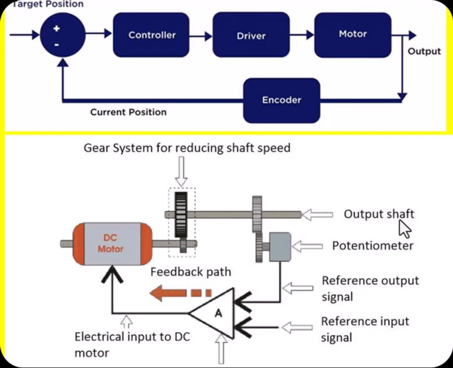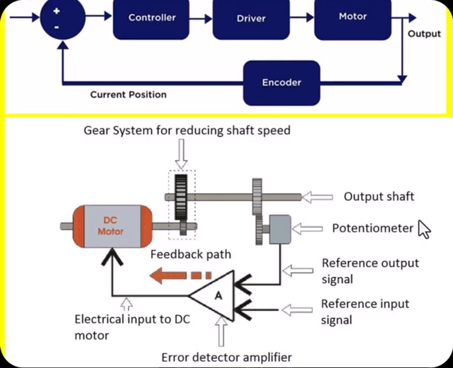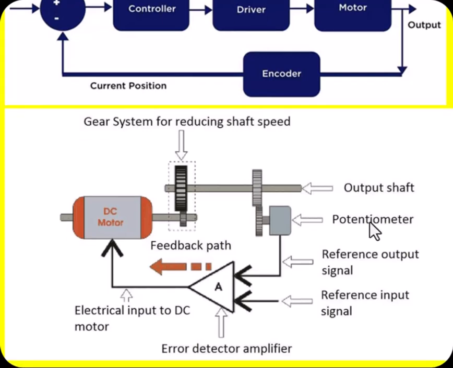Here this is the output shaft, and here the output shaft is connected to the potentiometer. Potentiometer means that it may be any encoder or LVDT or RVDT.